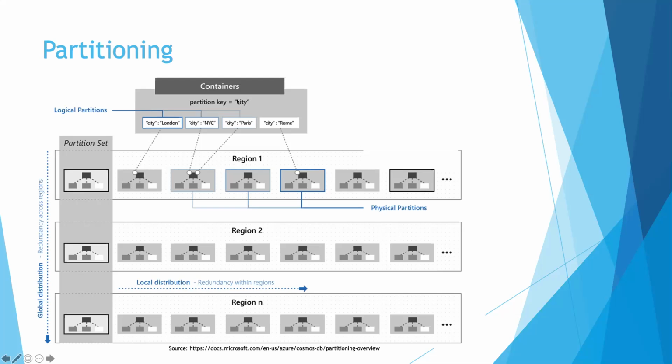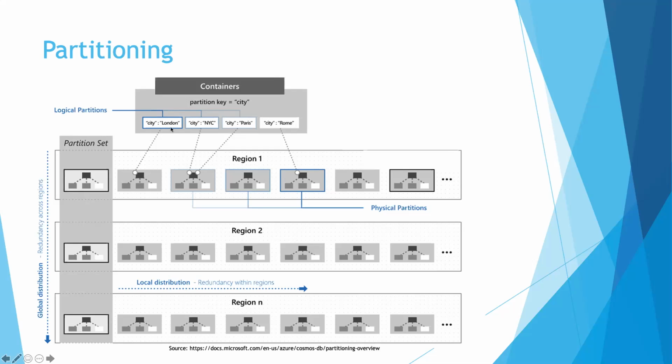So city would be a property on our JSON documents, and whenever a JSON document is uploaded or modified to a particular container in Cosmos DB, Cosmos will look at the value of city, and for each unique value for that partition key, it will create a logical partition. So in this example, there are 4 different values for city, and therefore there are 4 logical partitions where the data will actually reside.